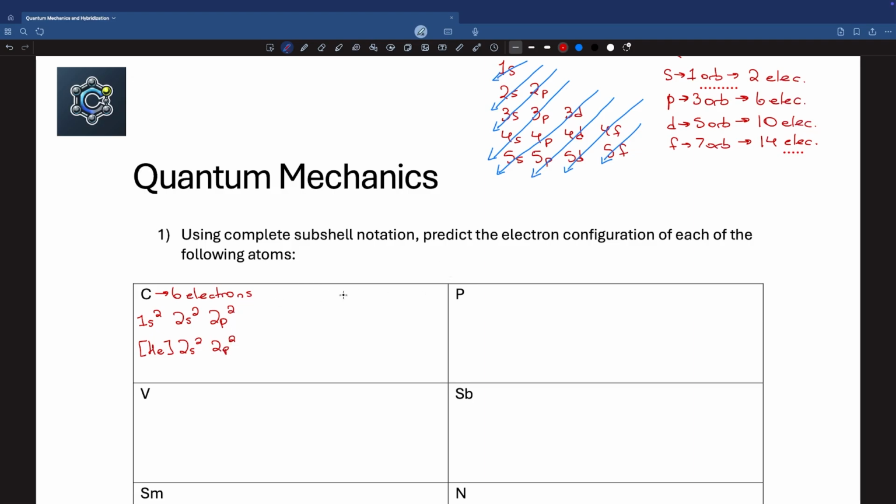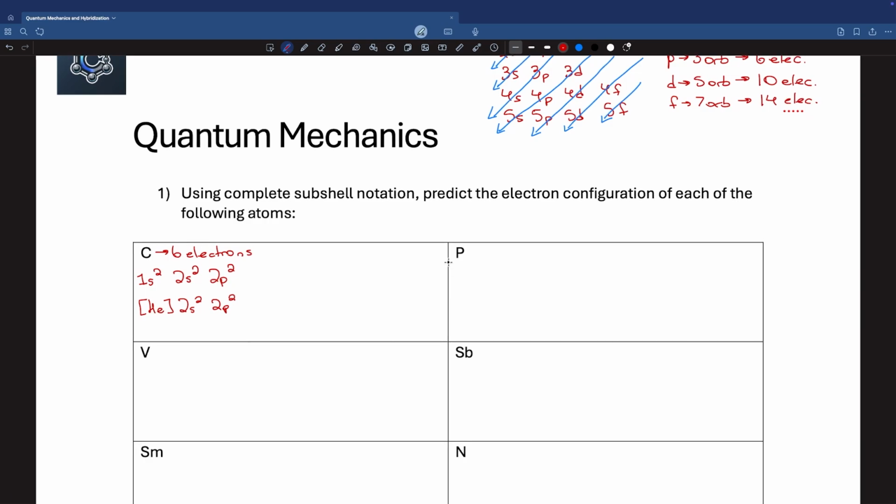And so maybe we're going to struggle with some space later in these questions, but we'll try to make the best of it. Phosphorus has 15 electrons. So our first will be 1s2, and then 2s2, and 2p6. At this point we have 10 electrons, which means we need 5 more.